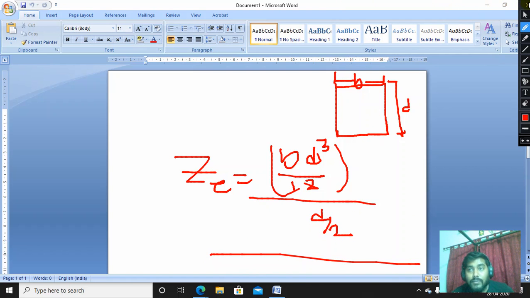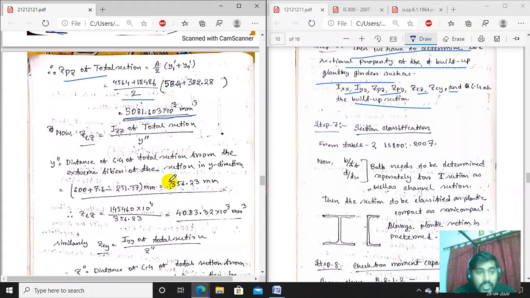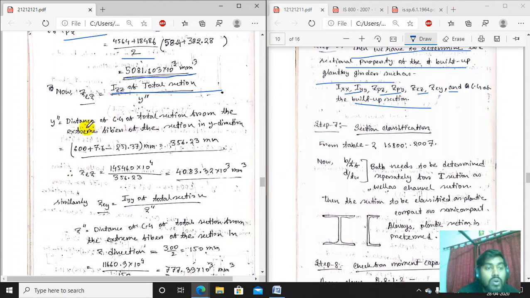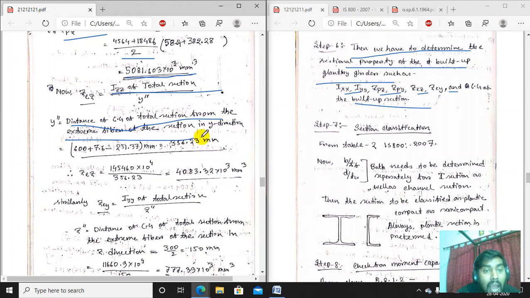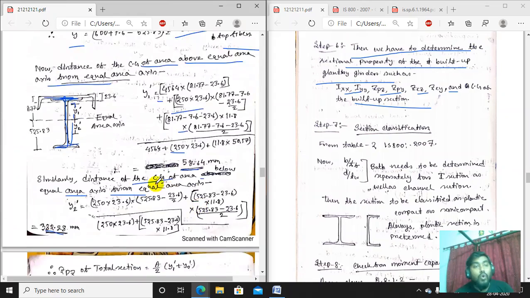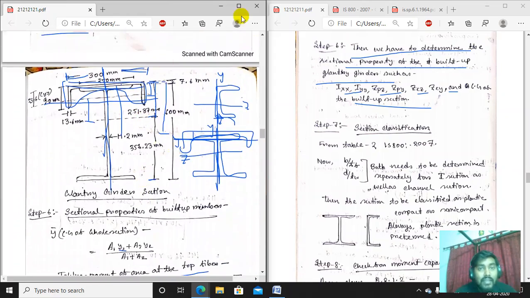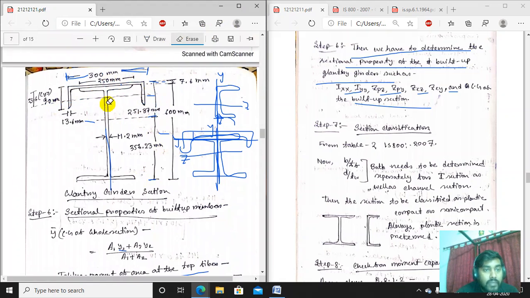So let us see there. IZZ of the total section, as we are finding ZEZ, IZ of the total section divided by the y double dash. Y double dash means the distance of the CG of the total section from the extreme fiber of the section, which I have shown you. Now let us go to that picture again. Let us erase some of that.